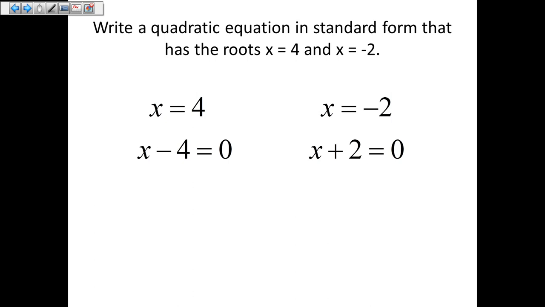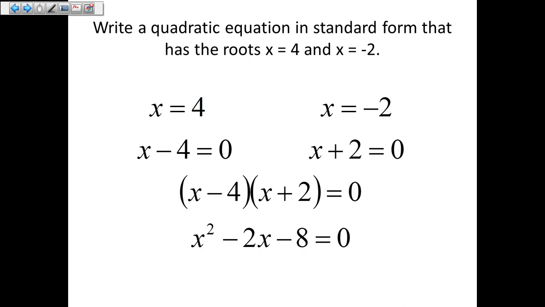We move the 4 over, we get x minus 4. We move the negative 2 over, we get x plus 2. Here are the two binomials. That's what we multiply together in order to get our quadratic. So our quadratic is x squared minus 2x minus 8.